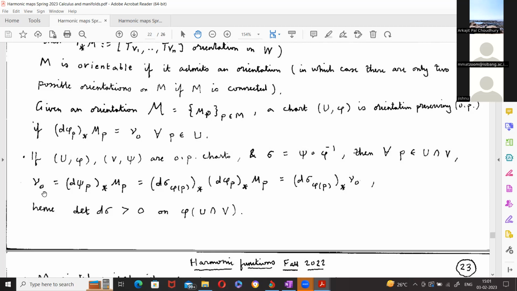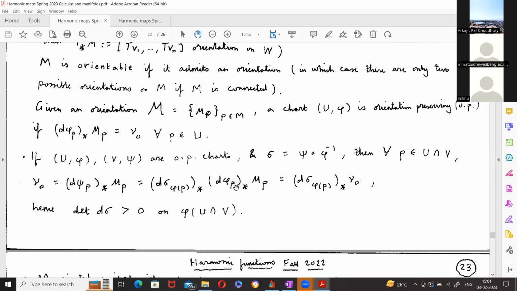So what do I have? I have that nu naught, because psi is orientation preserving, is given by the push forward under d psi of mu p. But psi is equal to sigma composed with phi. So the push forward by d psi, by the chain rule, is the push forward by d sigma of the push forward by d phi, right?